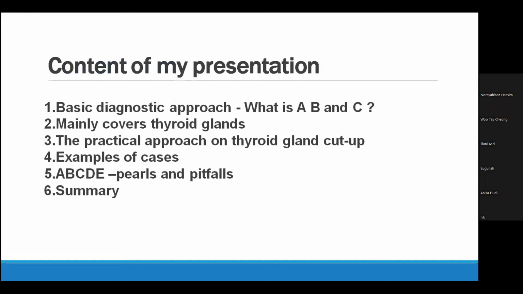Firstly, I will explain what A, B, and C mean. Actually, I have until E. It mainly covers thyroid glands, my practical approach on thyroid gland cutup or grossing, and examples of cases. I expect a little bit of interactive sections, so we won't feel bored. And A, B, C, D, E, the pearls and pitfalls, and the summary.